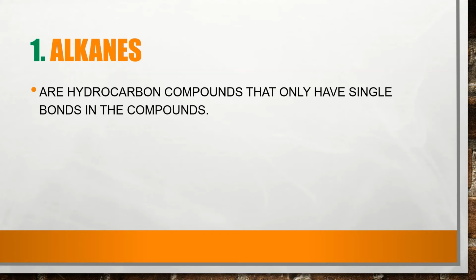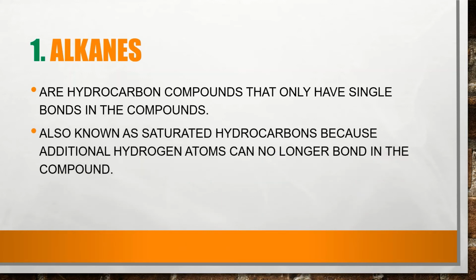Alkanes are also known as saturated hydrocarbons because additional hydrogen atoms can no longer bond in the compound. All alkanes have molecular formulas that satisfy the general expression CnH2n+2, where n is the number of carbon atoms.